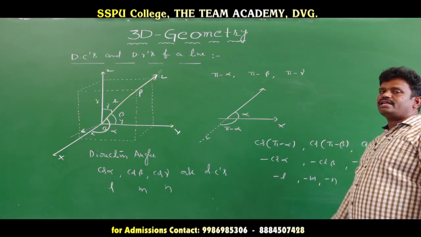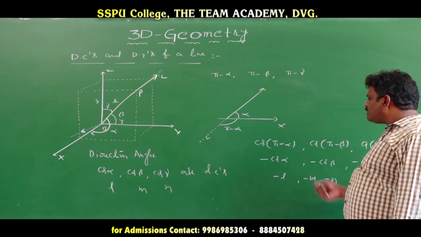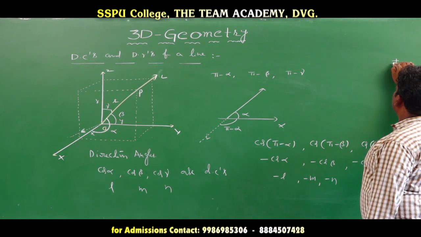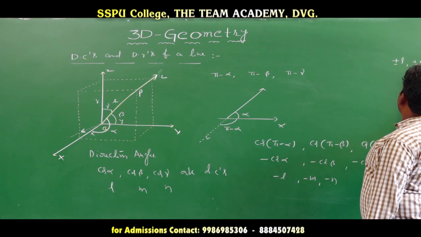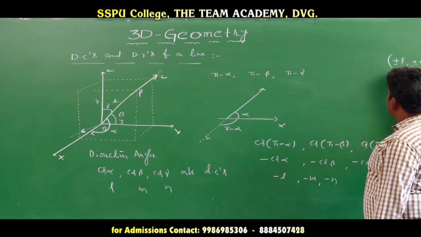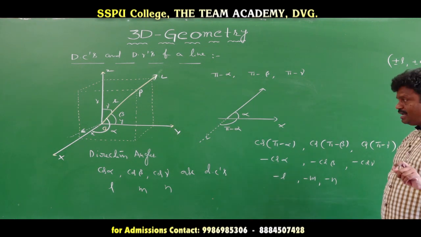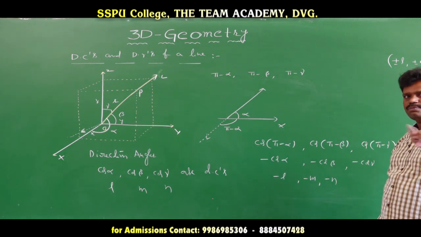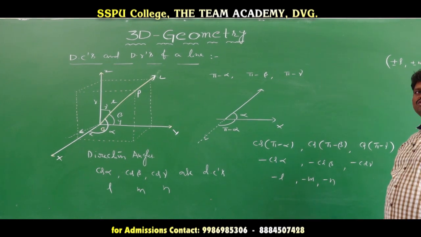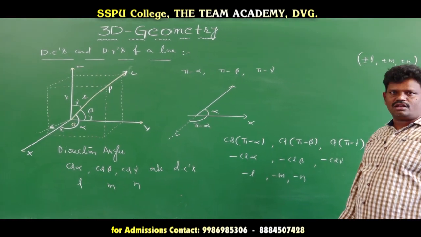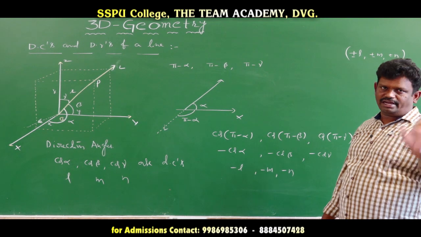The set of direction cosines we have written here is plus or minus L, plus or minus M, plus or minus N. So these are the two sets of direction cosines of a directed line in space. These direction cosines are unique, okay?